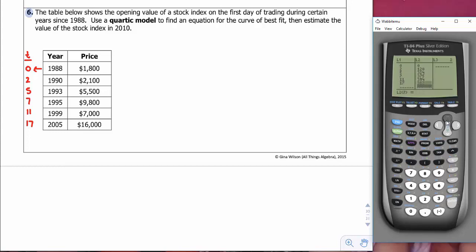And then we're going to go to our y values and type those in. So that's going to be 1800, and then 2100, 5500, 9800, and so on, and 7000, and 16,000.